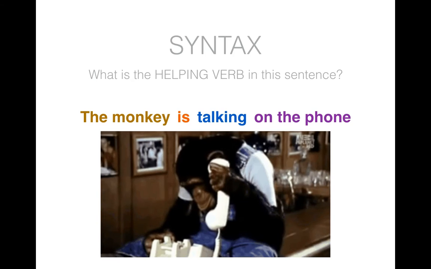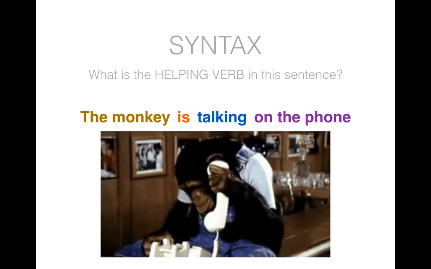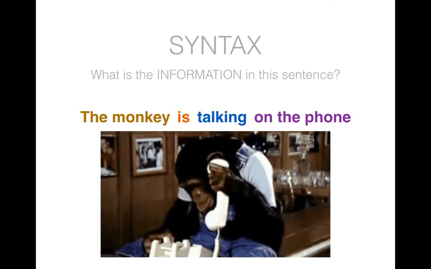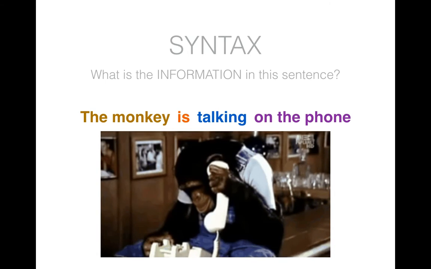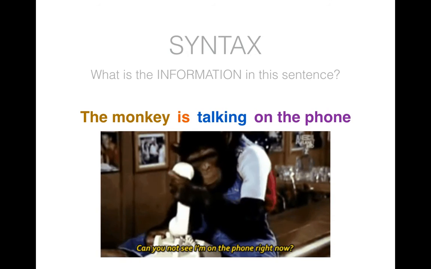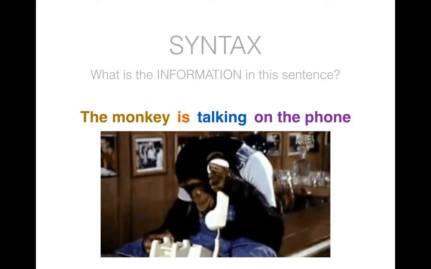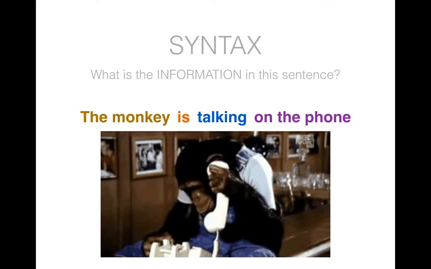The helping verb in this sentence is the word is. What information or additional details does this sentence have? The sentence uses the words on the phone to tell us more information about the subject and verb.